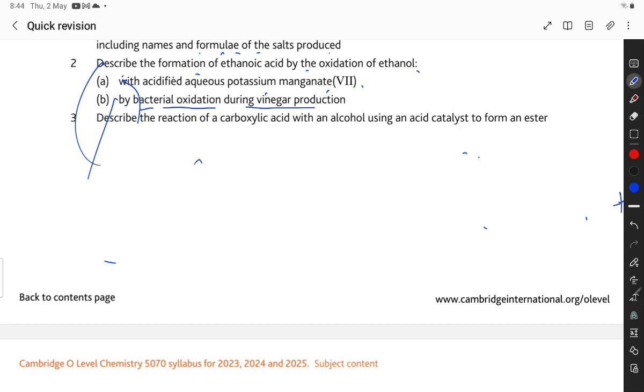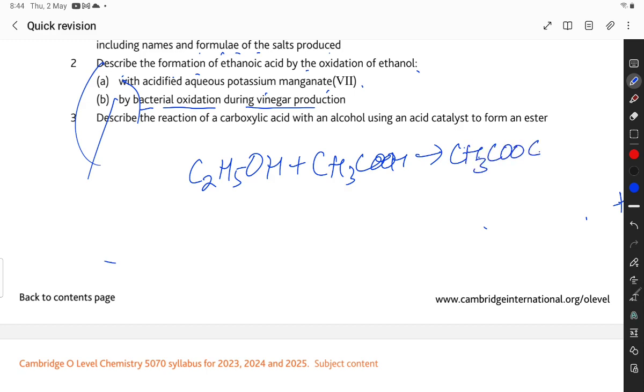Ethanol, C2H5OH, plus CH3COOH forms CH3COOC2H5 plus water. H from this and OH from this are eliminated to form water, with concentrated sulfuric acid as a catalyst. This is a reversible reaction.